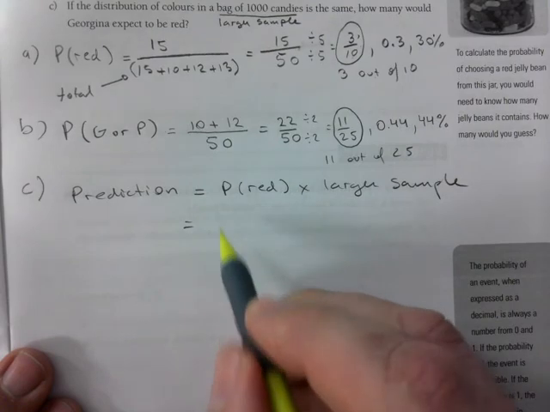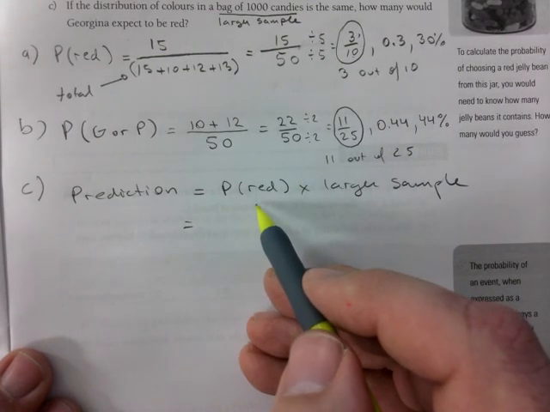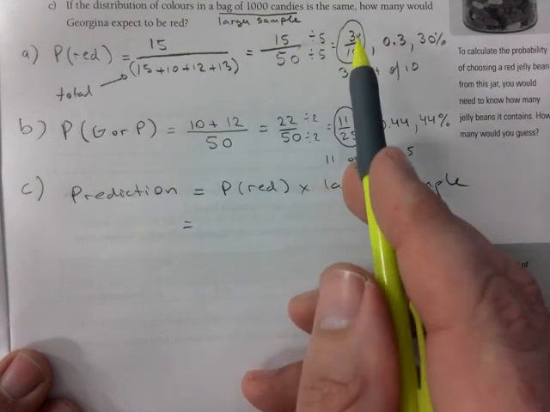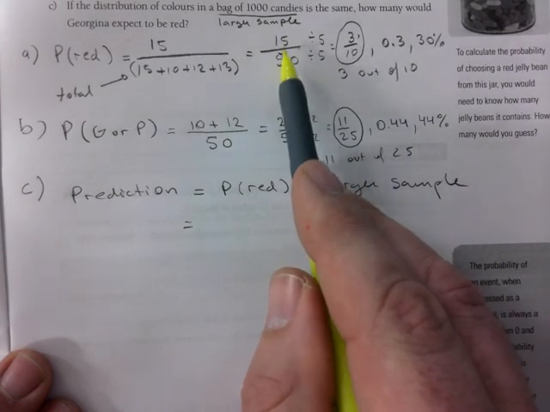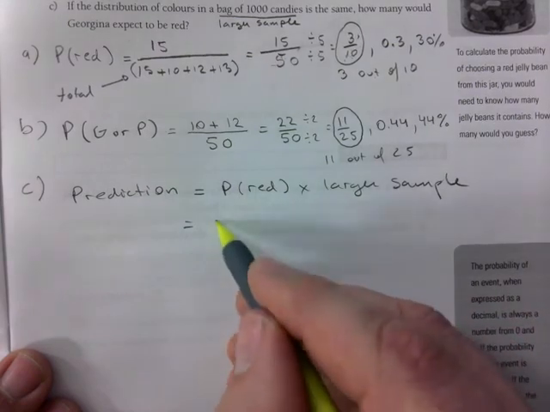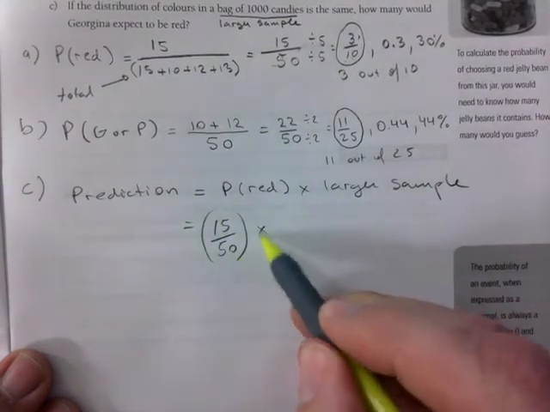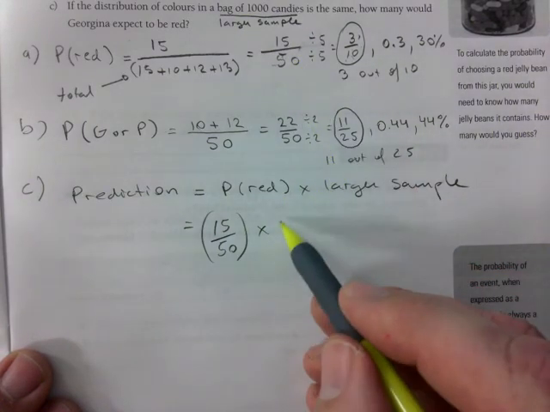So just figure out, we already know what the probability of red is. I'm going to use, watch this folks, I'm not going to use the reduced one. I'm going to use this one just in case I made a mistake, right? Because these are technically the same. So it's 15 over 50 times, what's my sample size? The larger sample is 1,000 candies.